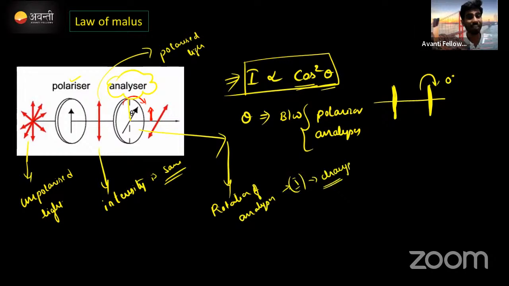Intensity will be changing due to the rotation of the analyzer. To measure that intensity, what do we do? Intensity is directly proportional to cos square of theta. Here theta is measured with respect to the polarizer. Okay, this is the law of Malus.